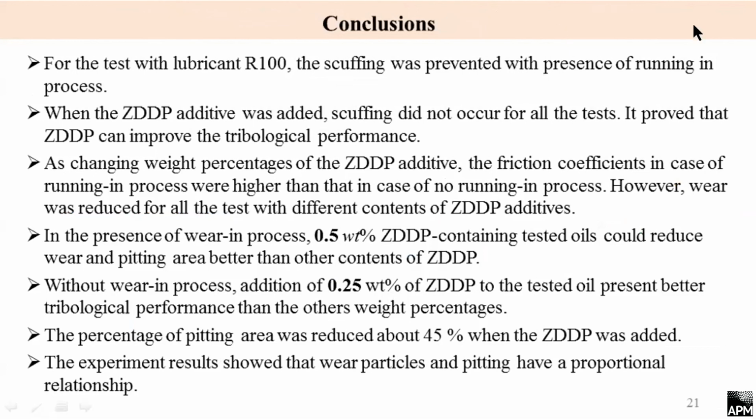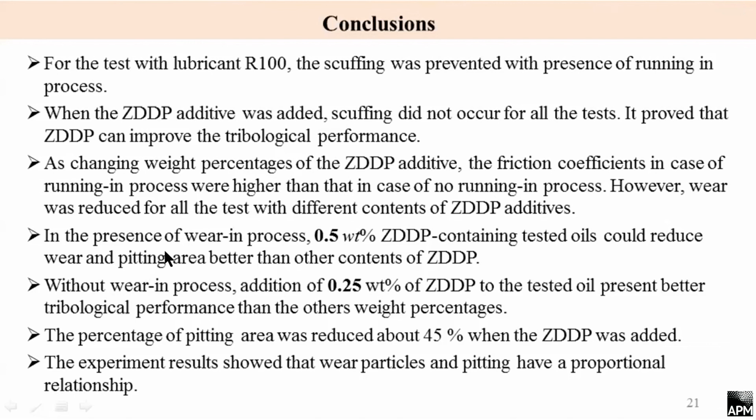It's proved that running-in process and ZDDP can improve the tribological performance. When we change the weight percentage of ZDDP additive, the coefficient of friction in the case of running-in process was higher than in the case of no running-in process, but wear was reduced for all the tests.